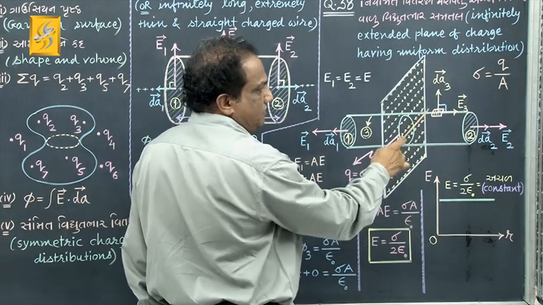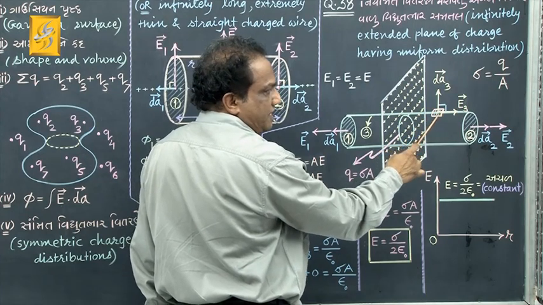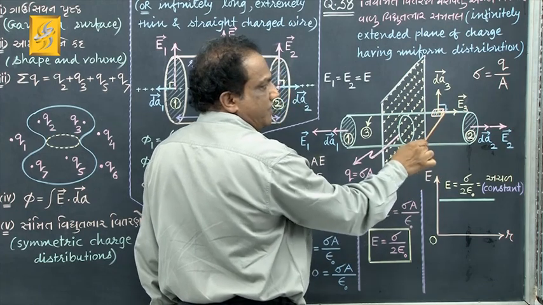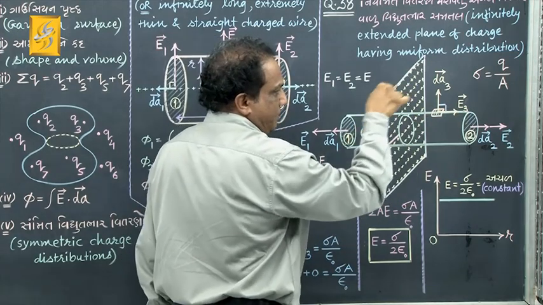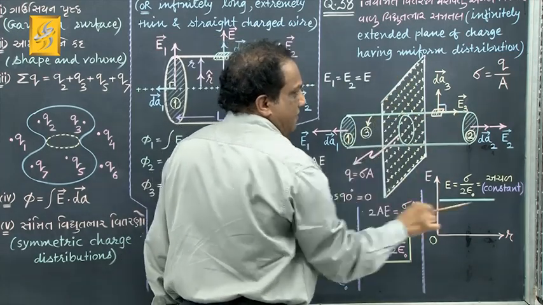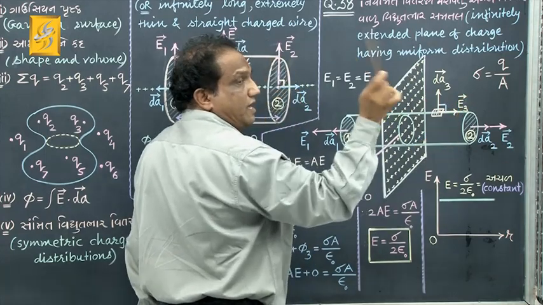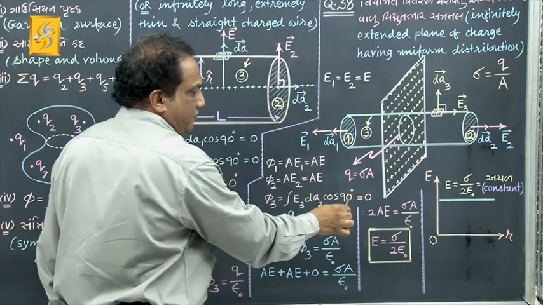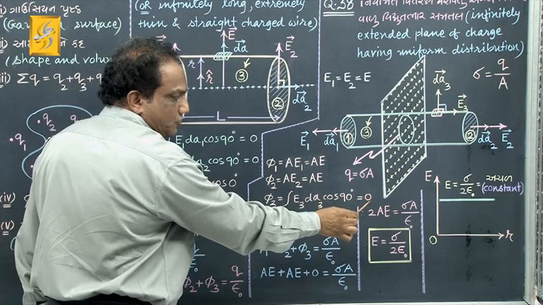Now do one thing, on this curved part, you just select some area element, and for this area element, the perpendicularly outward area vector is like this, and so far electric field is concerned, I told you perpendicularly away. So it is like this, correct? Now angle between these two, you can see it is 90 degree. Just put theta equal to 90 degree here. Cos 90 is 0, so the whole product is 0.